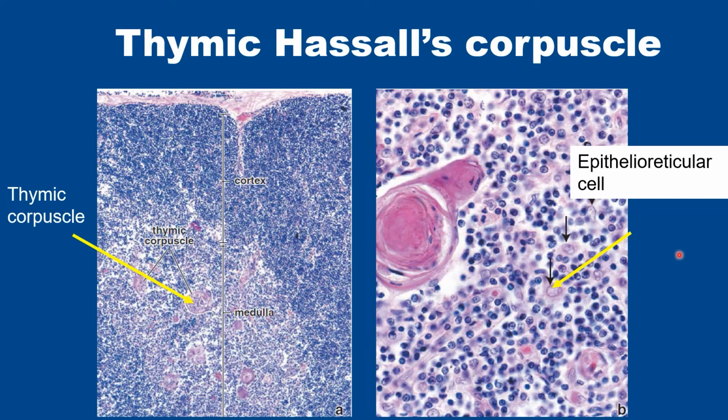Actually, the concentric ring of degenerated epithelioreticular cells forms the Hassall's corpuscle. There is a jelly-like material inside the Hassall's corpuscle. Sometimes the center of the corpuscle calcifies also.